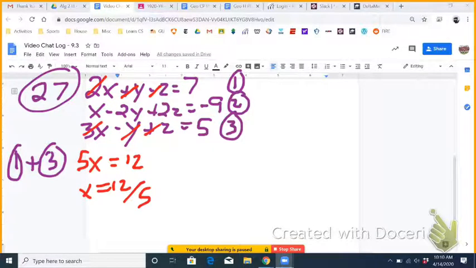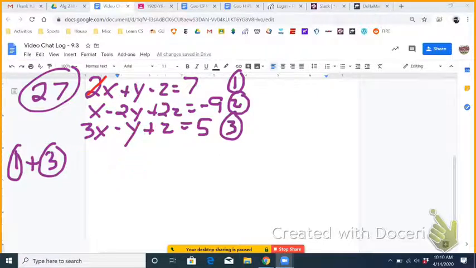Now we have to eliminate. Let's try to do that again, but with two other variables. Alright, so when you add equations 1 and 3 together and solve, you get x is equal to 12 fifths. Sorry, not 5/12.